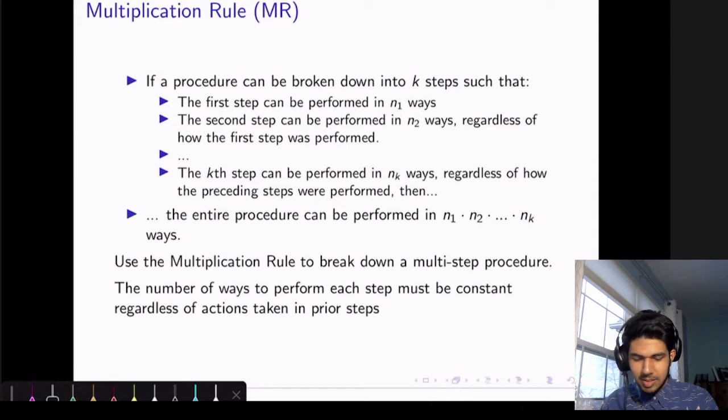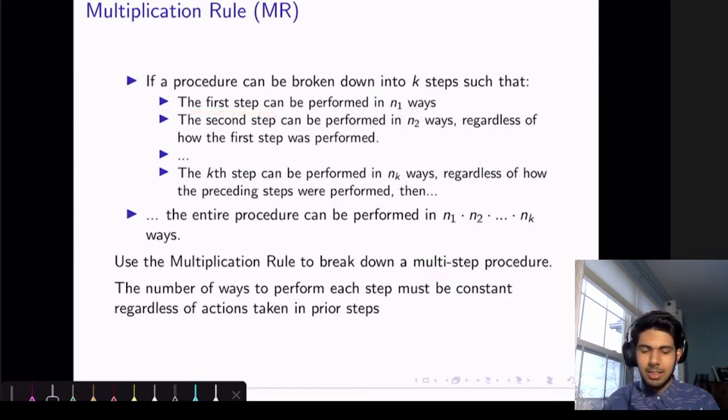And yeah, MR can be used to break down a multi-step procedure, so it really simplifies the process. And the number of ways to perform each step must be constant, regardless of actions taken in prior steps. So we don't want this n2 to be changing depending on how the first step was performed.